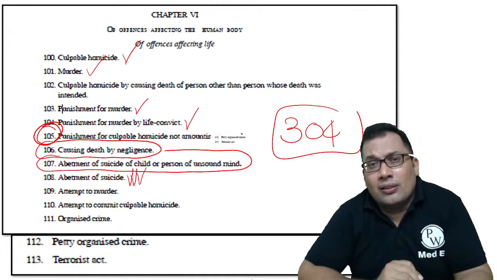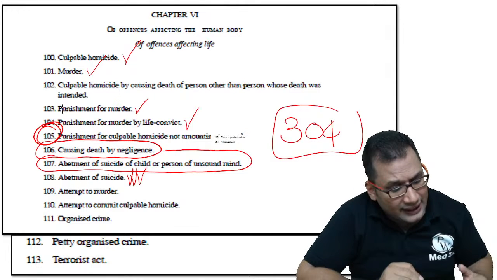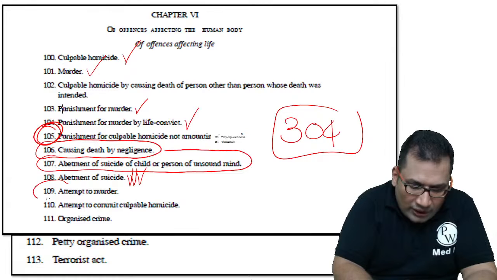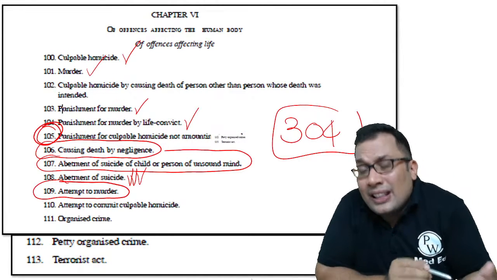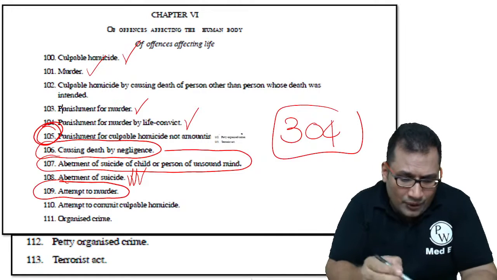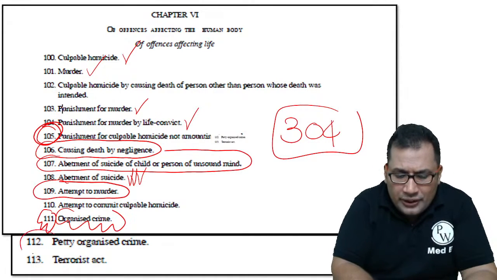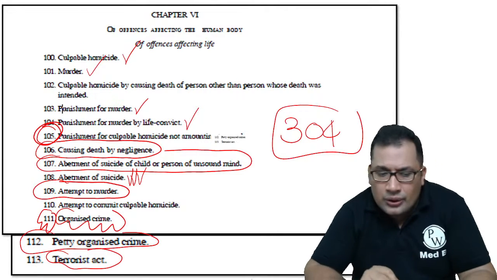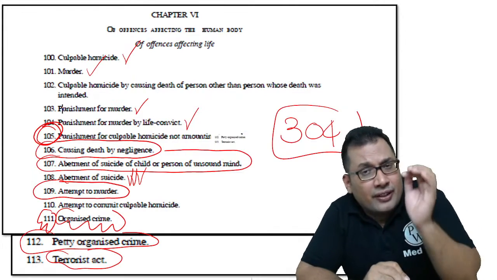Abetment of suicide was previously 306 IPC, now 108. 109 attempt to murder, nothing but your 307 IPC. 111 organized crime, 112 petty organized crime, 113 terrorist act. So most of the sections here relate to offenses affecting the human body.